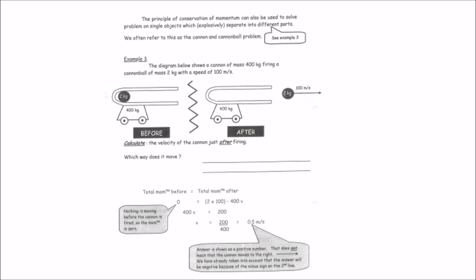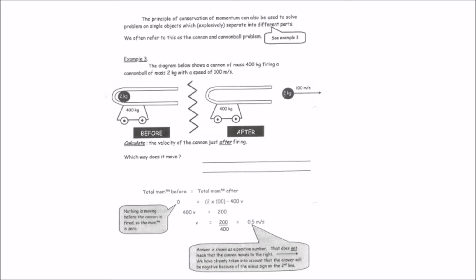The diagram shows a cannon of mass 400 kilograms firing a cannonball of mass 2 kilograms with a speed of 100 meters per second.